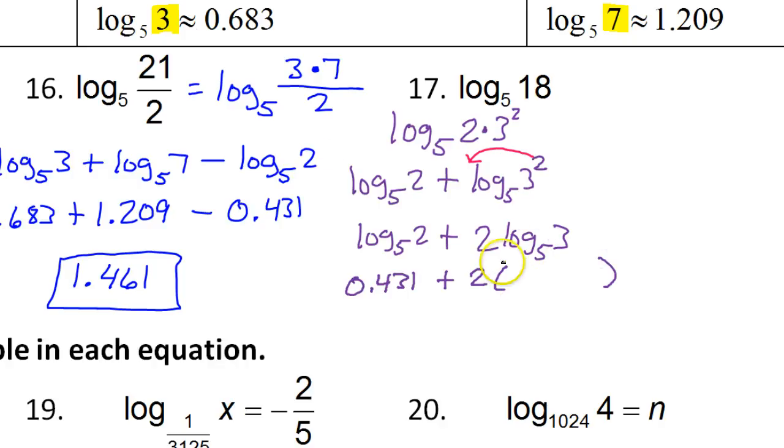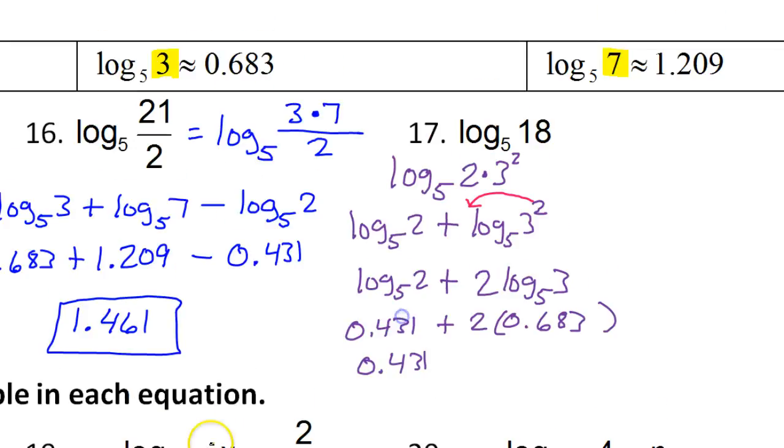And log base 5 of 3 is 0.683. Okay, so this will be plus, let's see, 1.366.